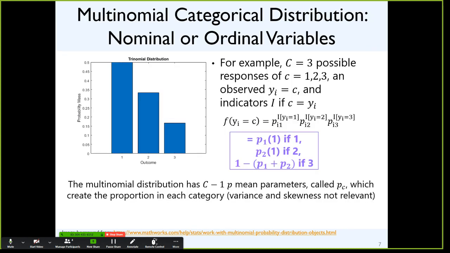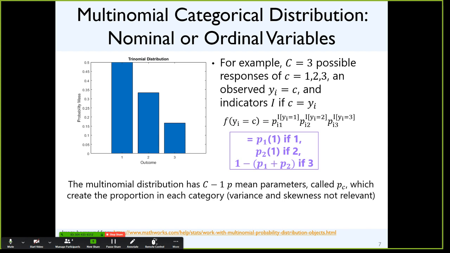Next one, related to binary, is what's known as multinomial, meaning many categories. In this case, you have to know how many categories are total that you have and how many are in all but one of them. So in this case, if I have 3 possible outcomes, and I know that the first outcome has 50% and the second outcome has 35%, I know how much percent has to be in the third.